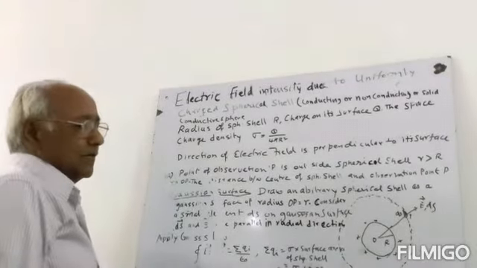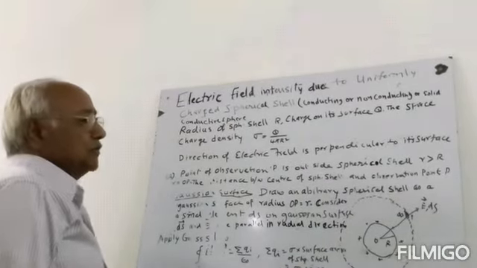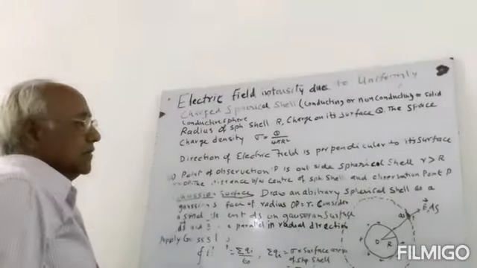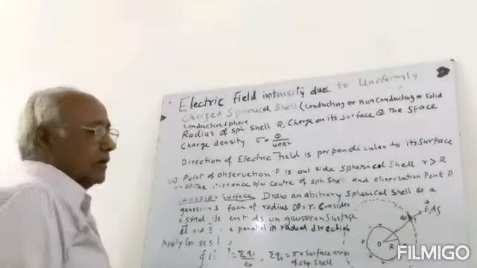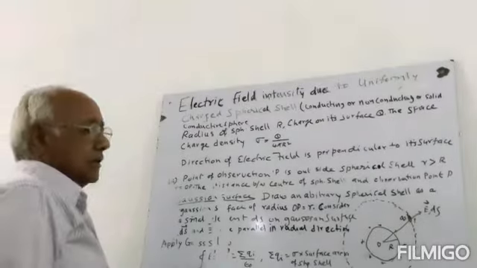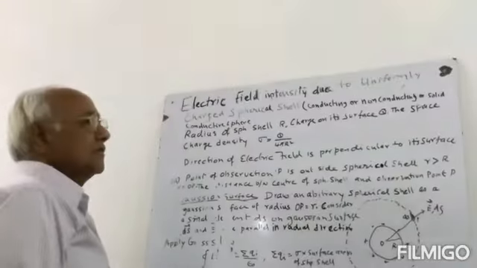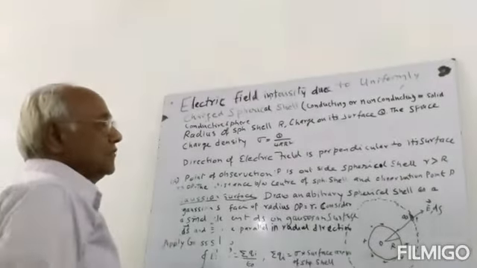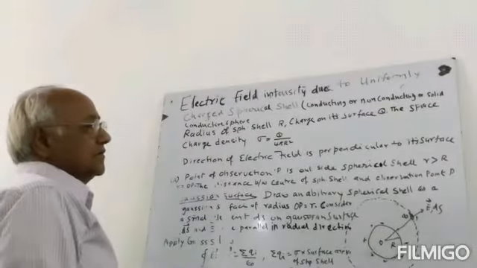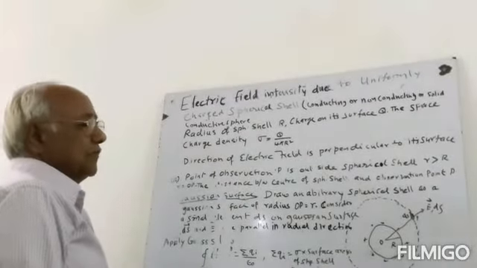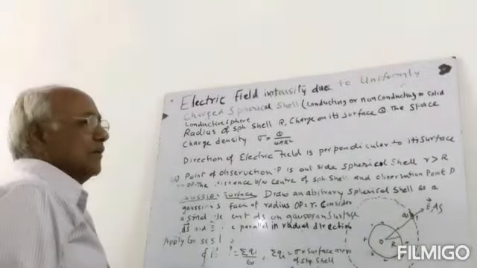So we will study the electrical field due to a charged conducting spherical shell, or a charged non-conducting spherical shell, or the conducting sphere. We will use the same procedure and the result will be the same.